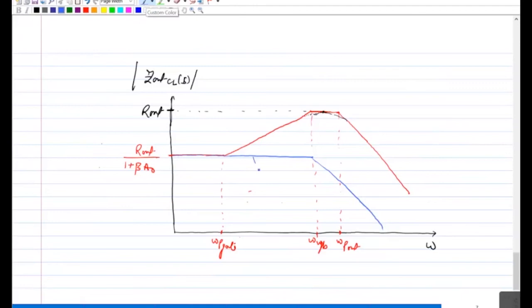So this is your case 2, and this is your case 1. And this second case, by the way, is this correct? What I plotted?